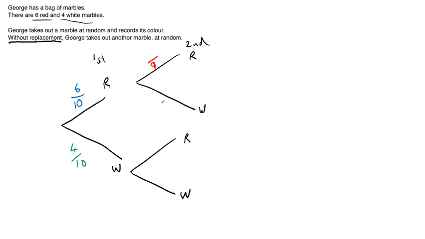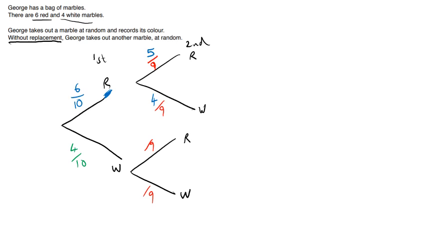So all of these second pick probabilities are all out of 9. Then here, I had 6 red marbles, but I've pulled out a red marble on my first pick. So left behind are 5 red marbles. There are still 4 white marbles in the bag.